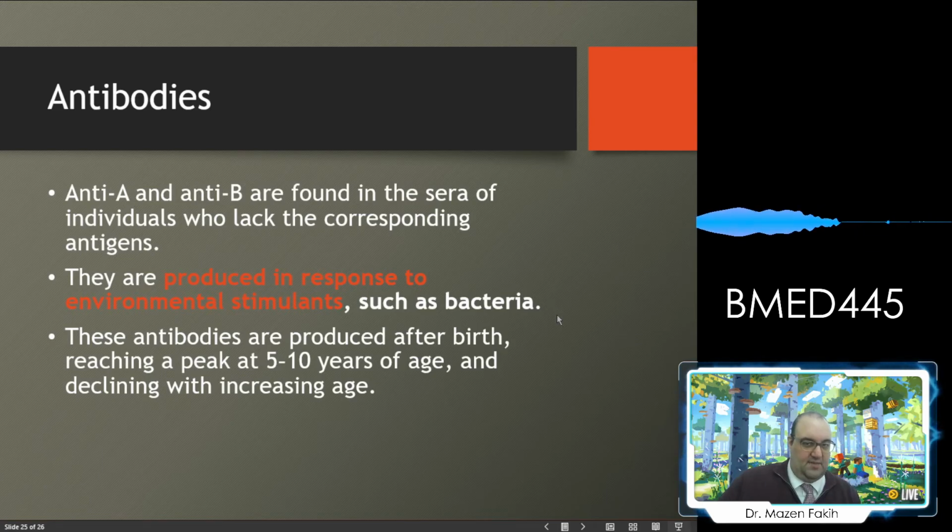Sometimes certain types of food. الفليفلة الخضراء can actually produce anti-A إذا بناكلها. يعني اللي عنده blood group type B لما بياكلوا فليفلة خضراء على مدى الحياة بيصير عندهم anti-A. وهدول الانتيبوديز ببلشوا عادة مباشرة من بعد ما نخلق و they peak around 5 to 10 years of age وبعدين ببلشوا ينزلوا مع تقدم العمر.